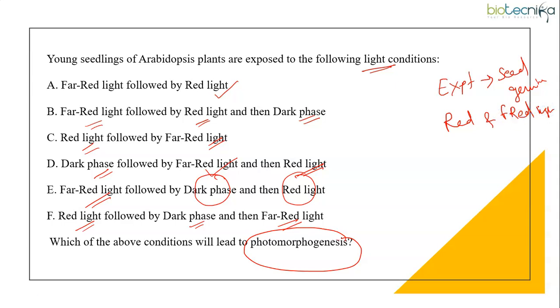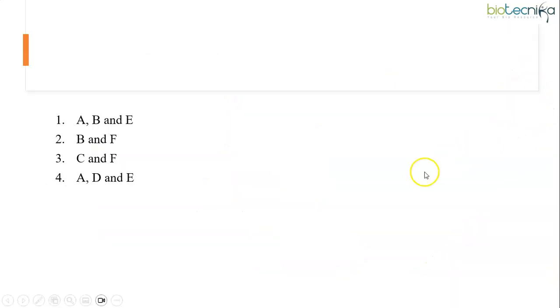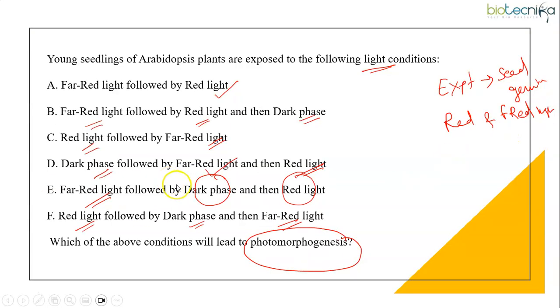You will see that whether you take A, D or E, everything is ending with red light, right? Anything that ends with red light is considered to be the right combination when it comes to photomorphogenesis.